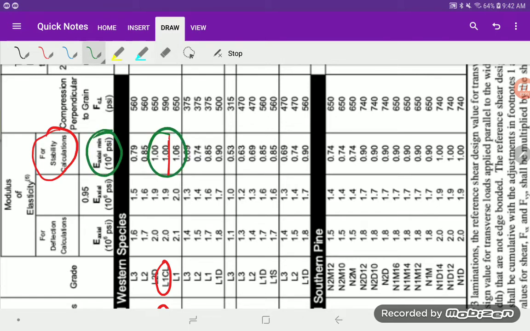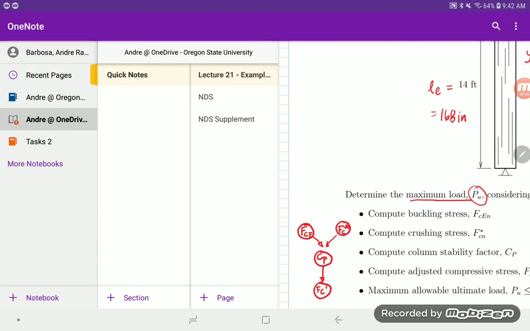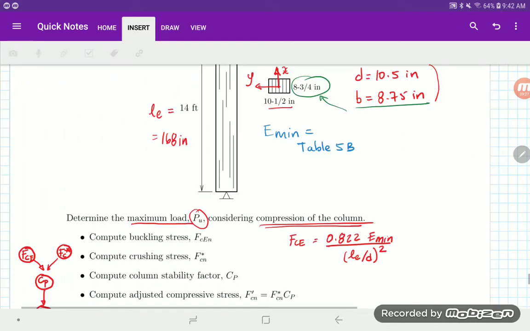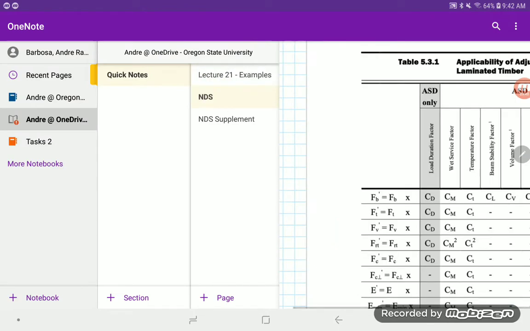So going back, 1.0 times 10 to the 6 is the number that we're going to be using here, and that's in psi. Then from table 5.3.1, that's in the main book, let's go to that one.